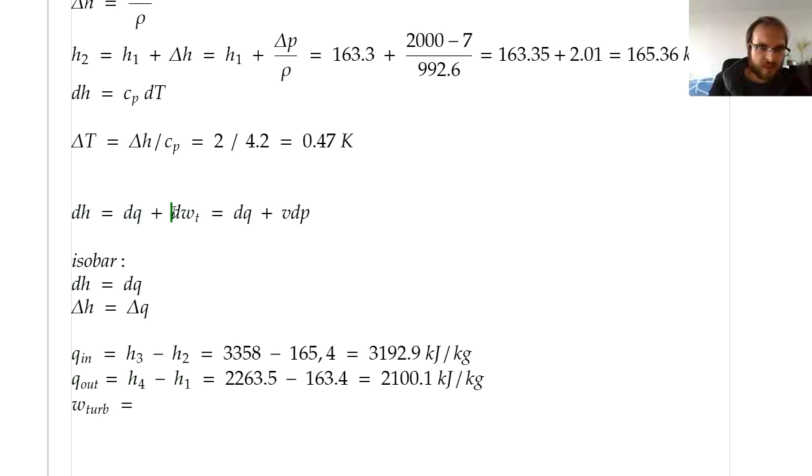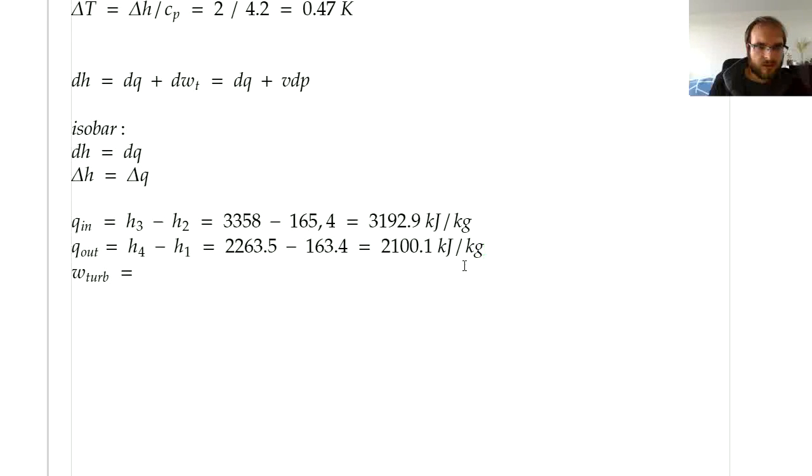The technical work is the work of the turbine we want to get, and when we have an adiabatic process, there will be no heat transfer with the surroundings.